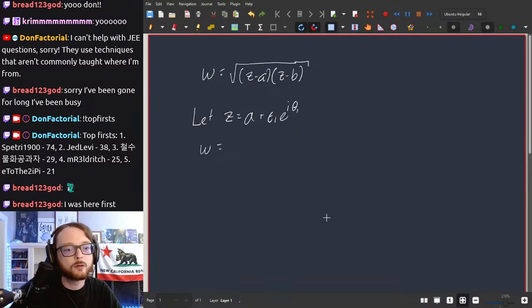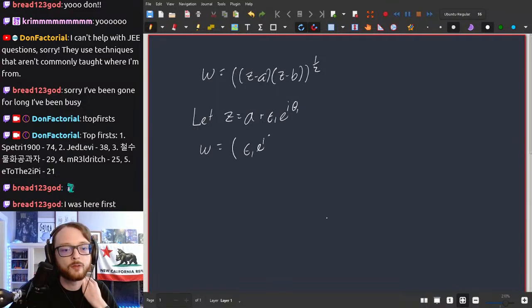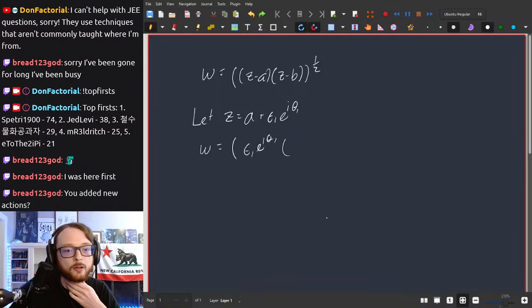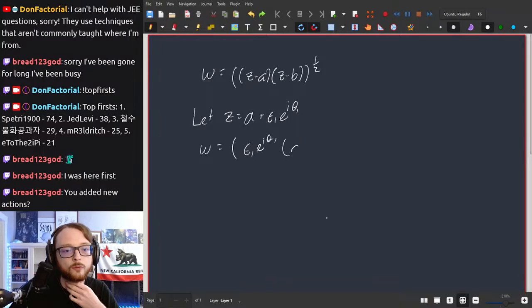You know what? I want 1/2. So this bit becomes epsilon 1 e to the i theta 1, and this bit becomes a minus b plus epsilon 1 e to the i theta 1, to the 1/2.